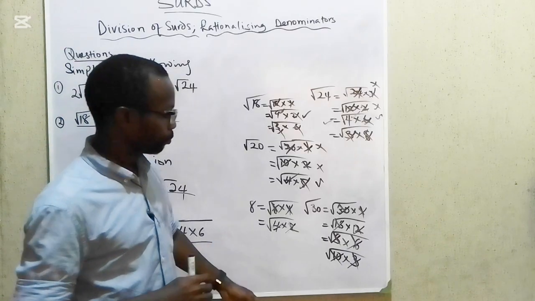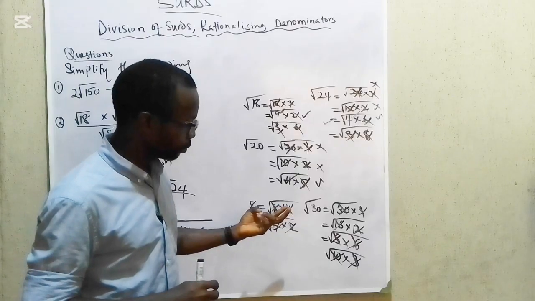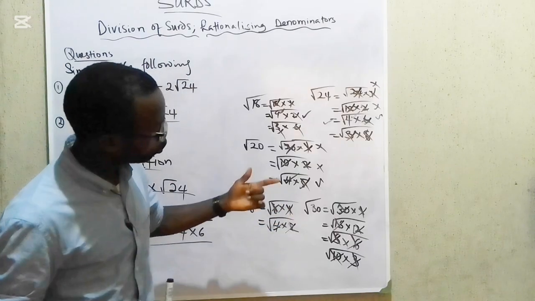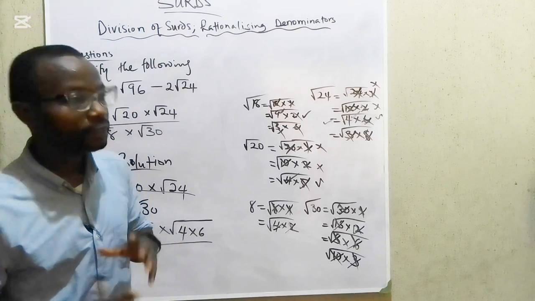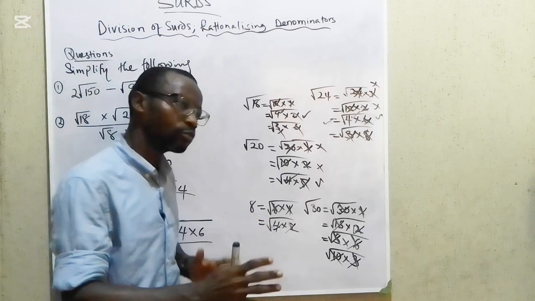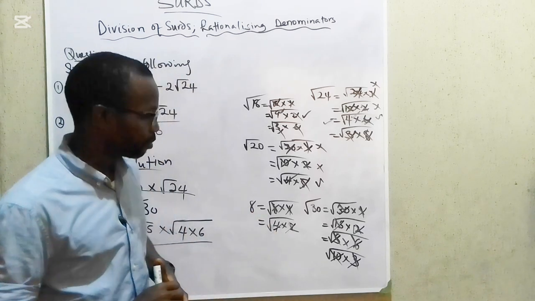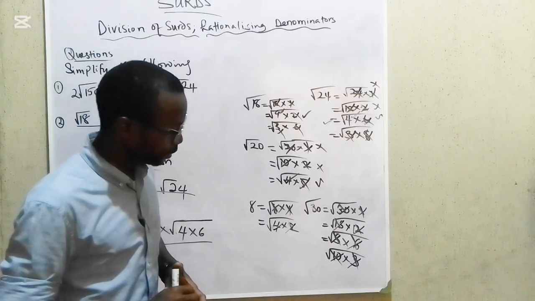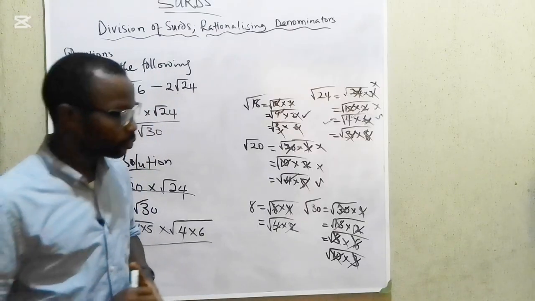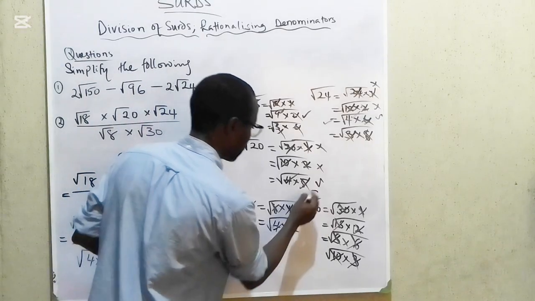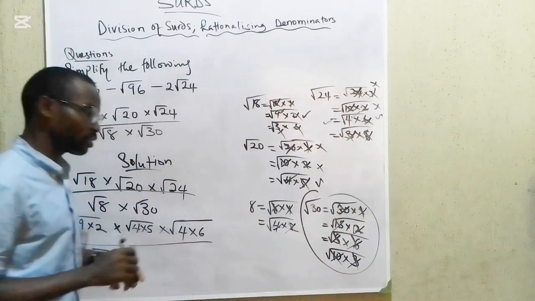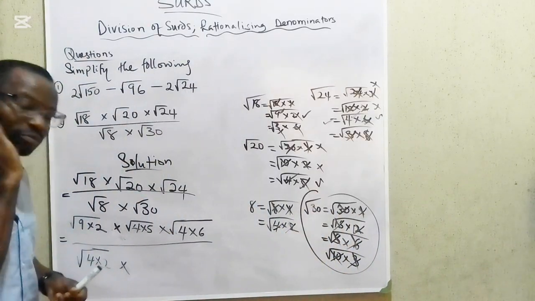Let's see. 9 times what will give you 30? 3 times 3 is 9. 9 times 1, 9 times 2 is 18, 9 times 3 is 27. No number. So from here we've seen it. Now I'm being realistic to tell you that I'm solving this for the first time.